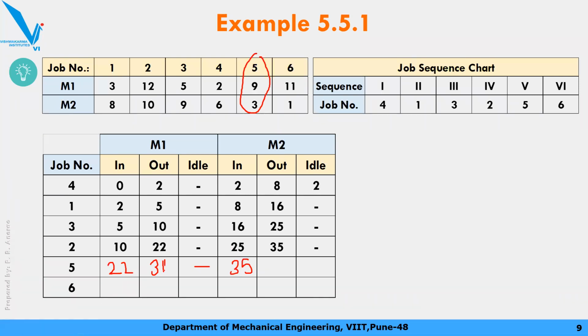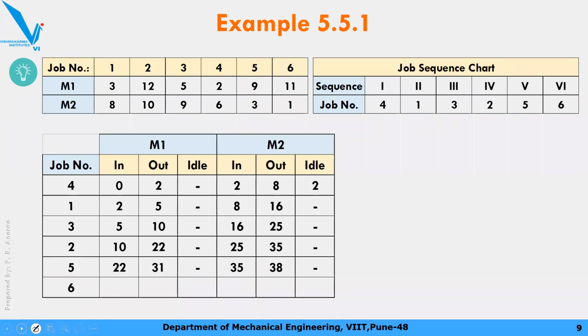Even though it is free at 31, वो वेट करेगा कि कब मशीन 2 फ्री हो जाएगा. So at 35 it will enter. It is going to take only 3 hours. So at 38 your machine 2 is also free. And note during this period machine 2 is not idle.